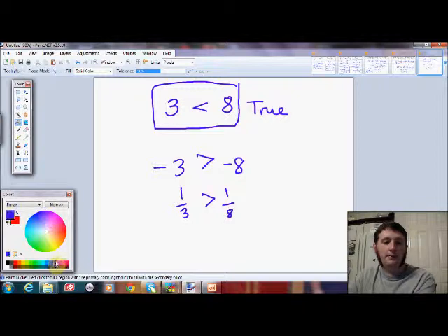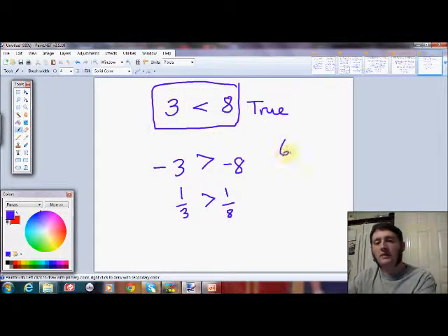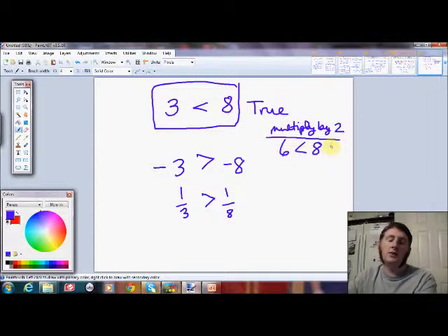White out. Let's say you take both sides and multiply by 2. You'd have 6 is less than 8. So you don't need to reverse the inequality when you multiply by 2.